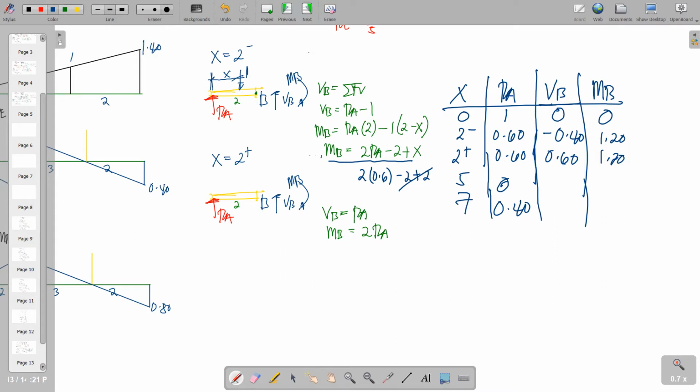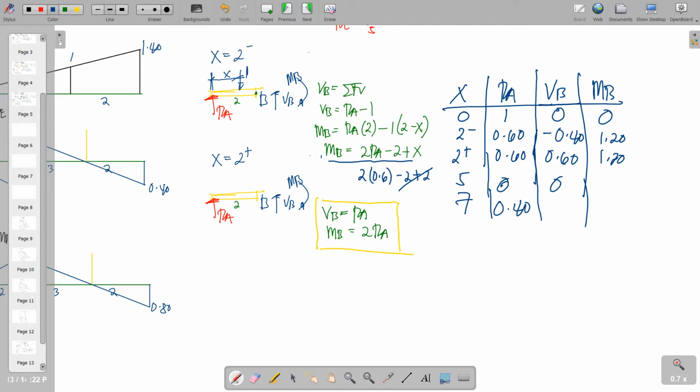And then for x is equal to 5, which already exceeded 2, therefore we'll just use this equation. So your shear at B is equal to RA, and that is equal to 0.